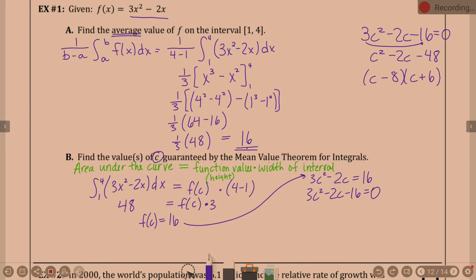Okay, so I slipped the 3 over here, but here's the deal. I multiplied by that 3. Now I've got to divide the 3 back out. So we're going to divide both of those pieces by 3. When we divide both of those pieces by 3, this one is c minus 8 thirds, which I'll have to deal with in a moment.